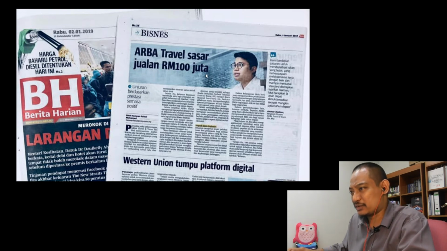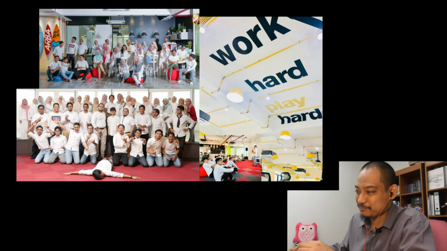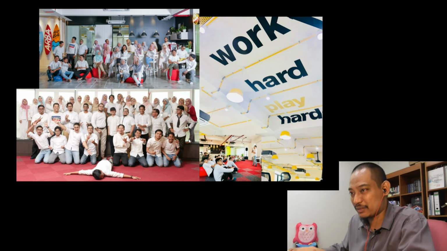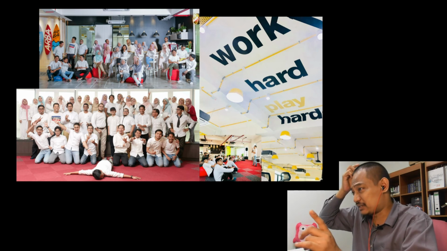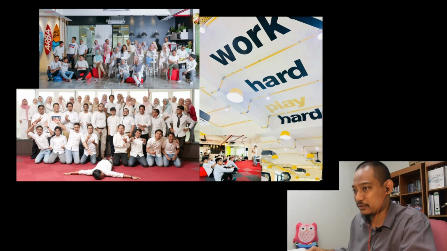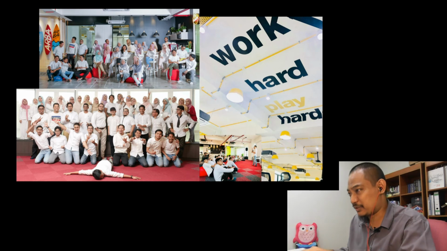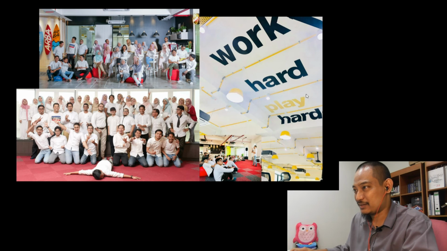These are all youngsters, young people making a company like this. Some of the founders are my friends. There are many examples like this that show that you young people have a lot of potential, as long as you work hard, play hard. That's their motto. So it is possible, right?